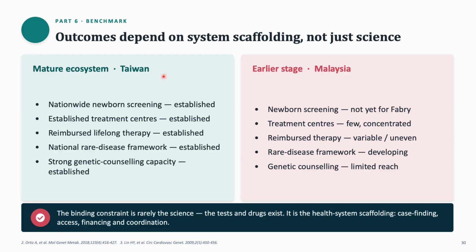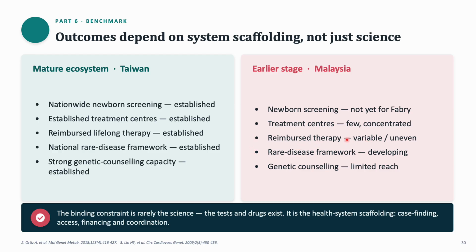Over 2 decades, Taiwan built up a mature ecosystem: nationwide newborn screening, established treatment centers, reimbursement for lifelong therapy for rare disease, a national rare disease framework, and strong genetic counseling capacity. In Malaysia, we are now at an early stage. Newborn screening does not include Fabry disease. Treatment centers are few and concentrated.